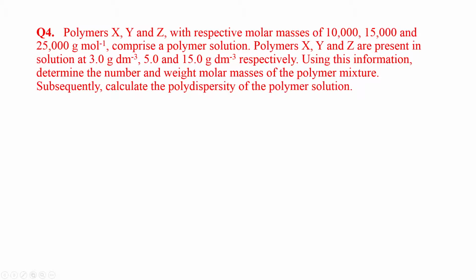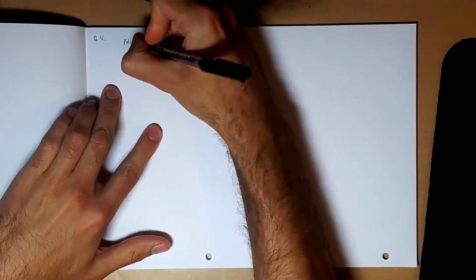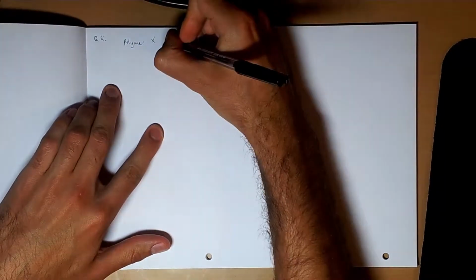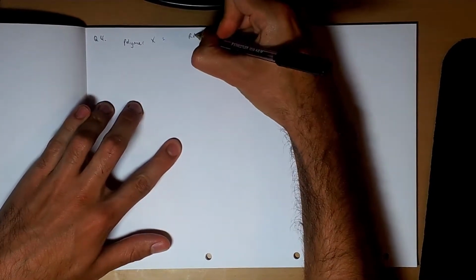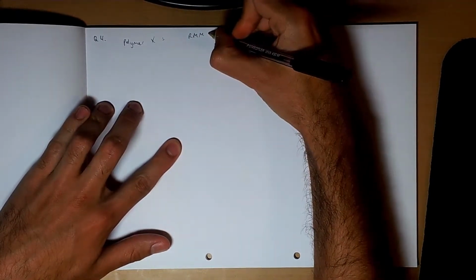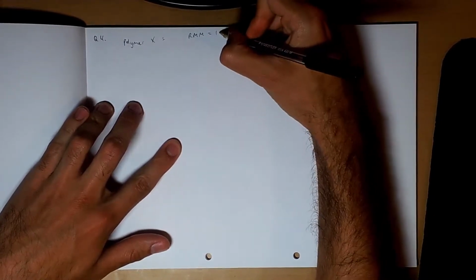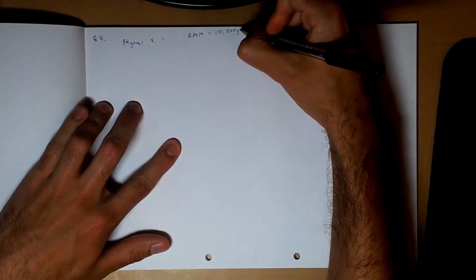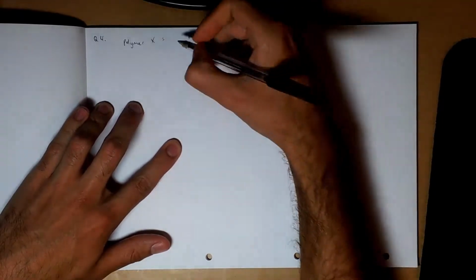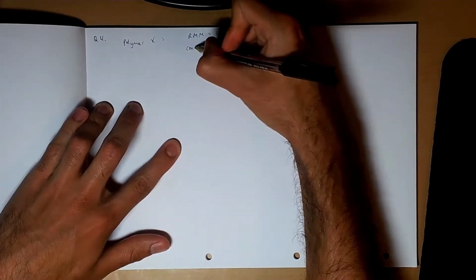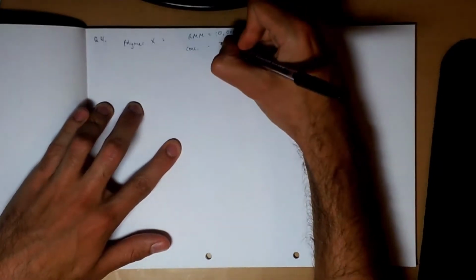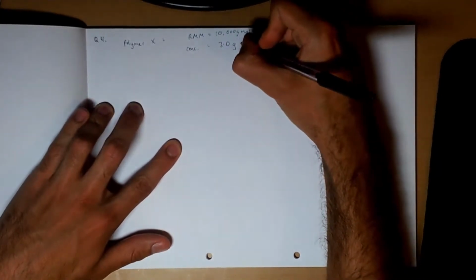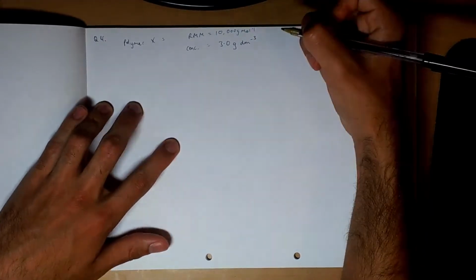So if we look at polymer X, we have here that its RMM is 10,000 grams per mole and its concentration is 3.0 grams per decimeter cubed.